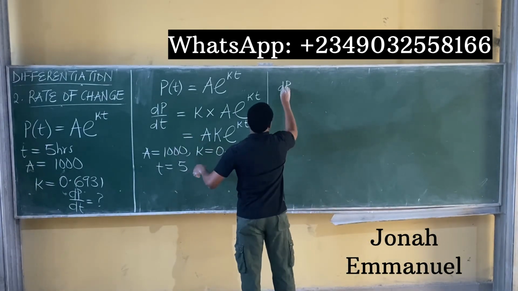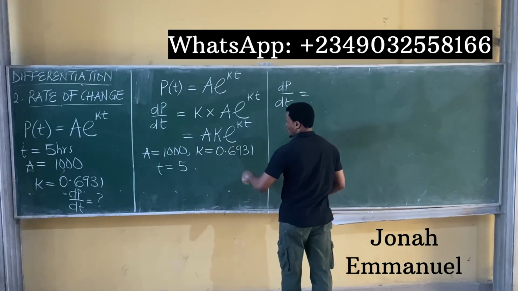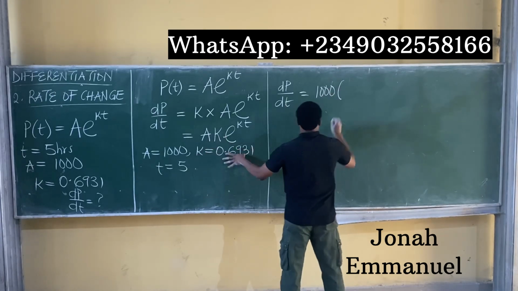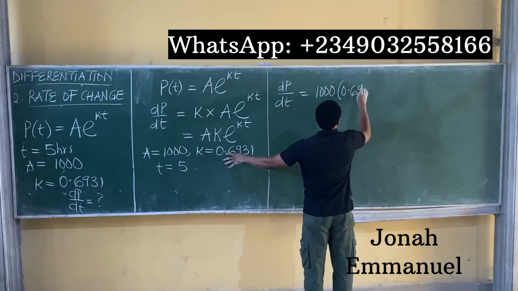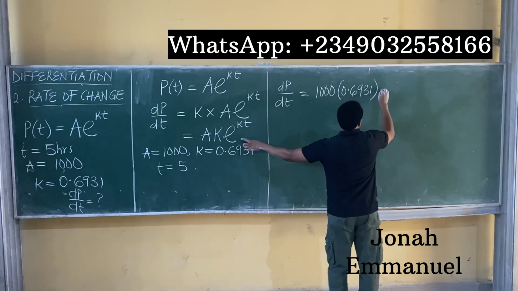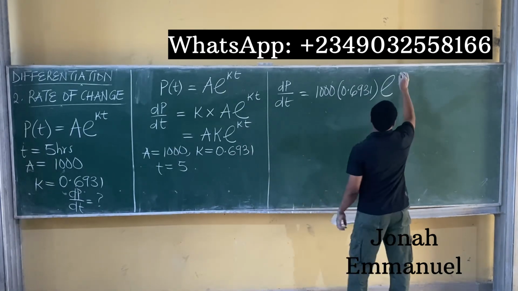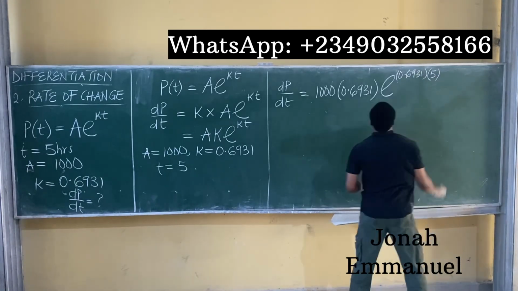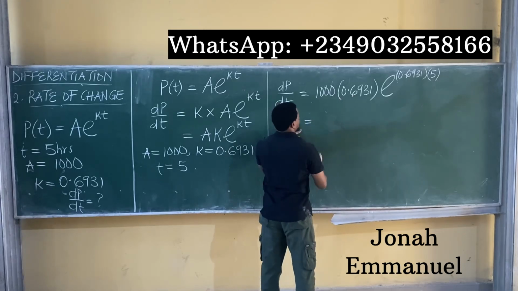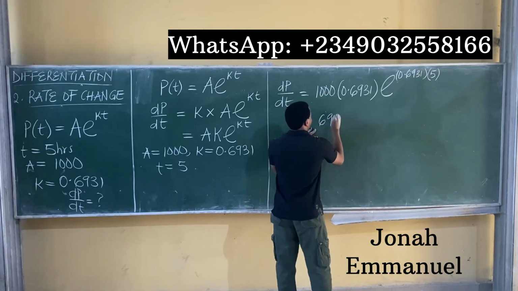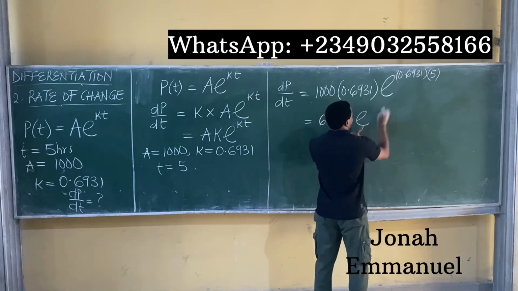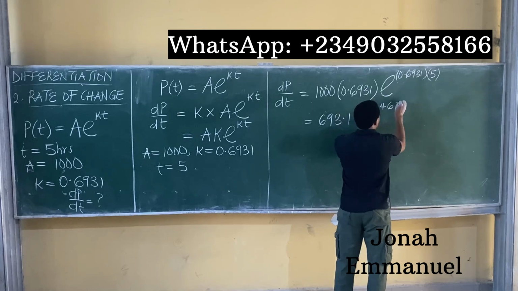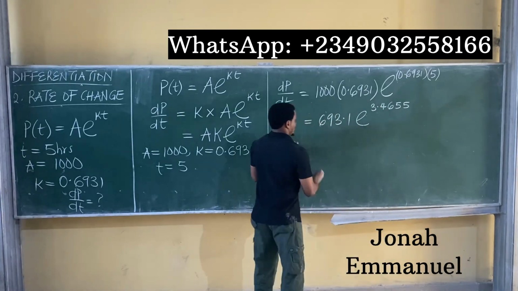We have dP/dt equal to 1000 times 0.6931 times e to the power of 0.6931 times 5. Give me these two first. What do you have there? 693.1 exponential. What do you have here? 3.4655.